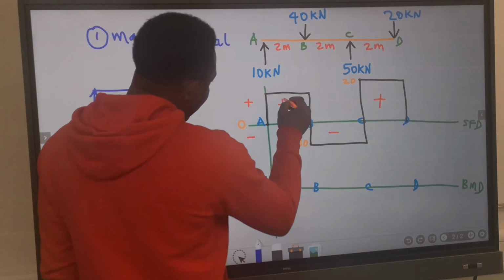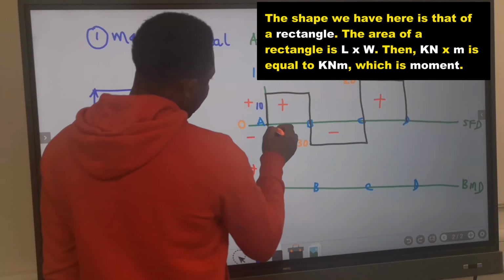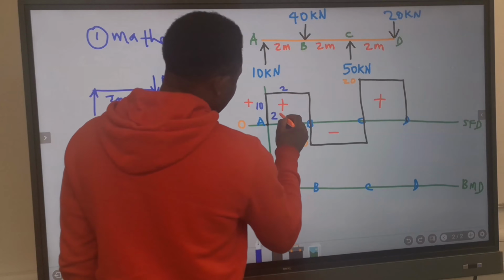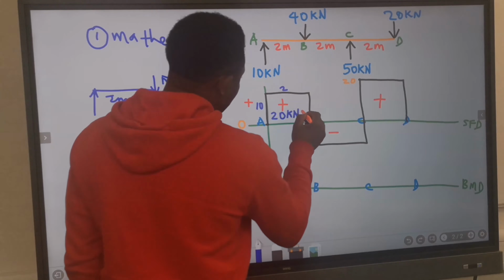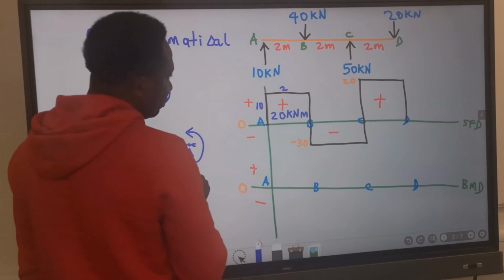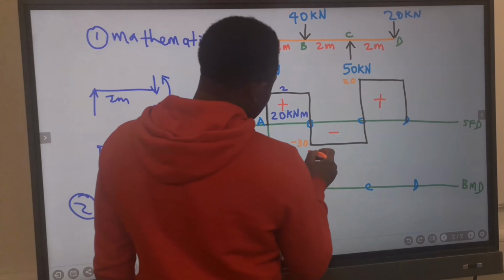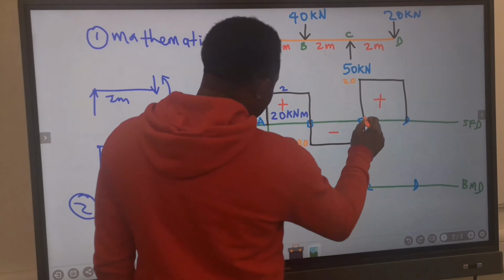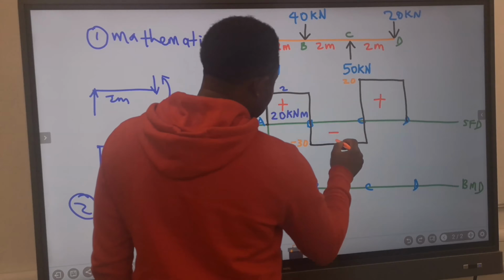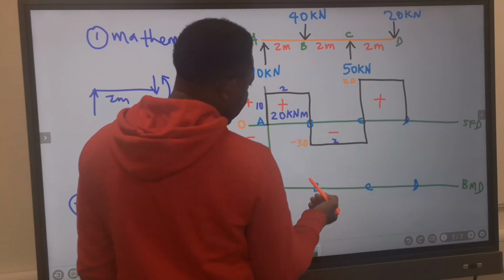The area here is 10 multiplied by 2. This is 20 kilonewton meters. This is meter, this is kilonewton. Next, this is 2 meters and this is 30.